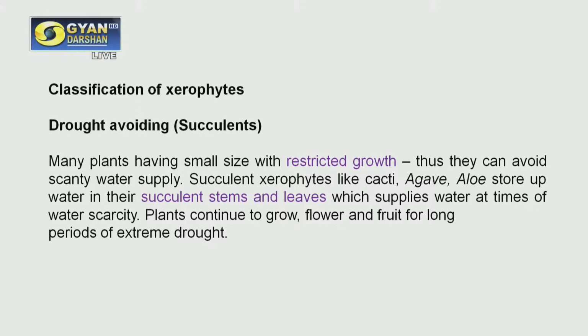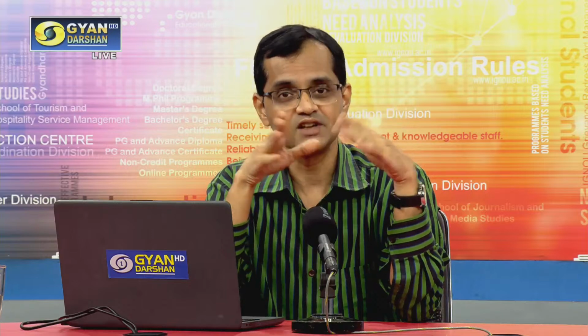That means the stems and the leaves become fleshy and they try to store the water. Like you must have seen the hump of a camel. You know that it also stores water. So it's a similar kind of thing, that they become spongy and they try to store water. Especially when there is a very huge episode of dryness, then they can survive.